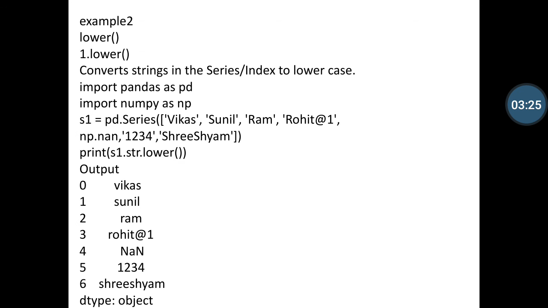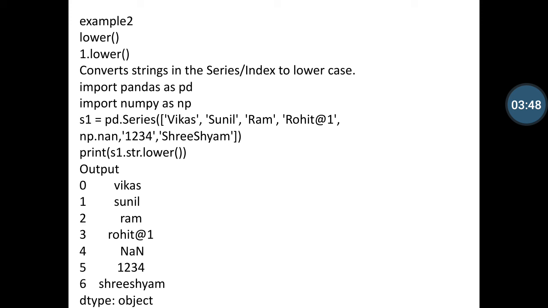Then in example 2, I am defining the lower method. Basically, the lower method is used to convert a string in a series or index to lowercase. So I am importing both libraries and then creating the s1 variable, and as per the previous slide, the values are created in a pandas series.